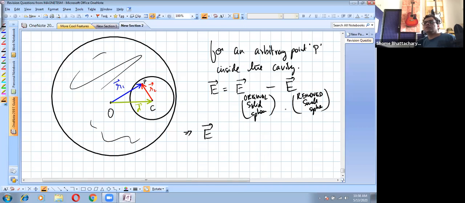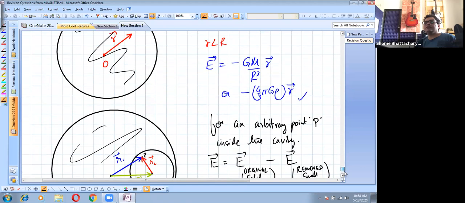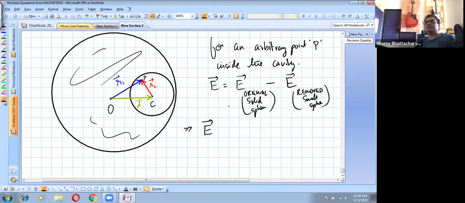So now go back to that formula. Both the original solid sphere and the spherical mass that I have removed have the same density. So this becomes minus 4 by 3 pi G rho times (R1 minus R2).